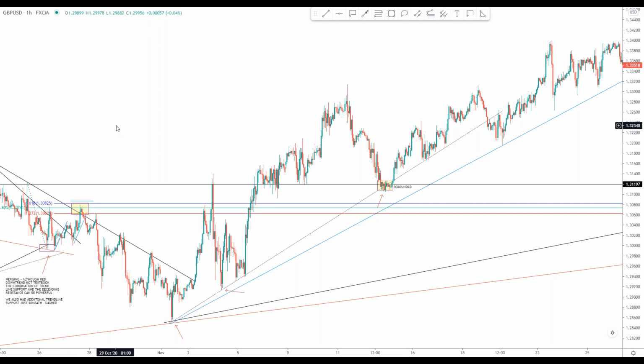You can apply the harmonics, Fibonacci, indicators like the RSI and the MACD. It's really about finding your own way in this and back testing the strategy that you're interested in.